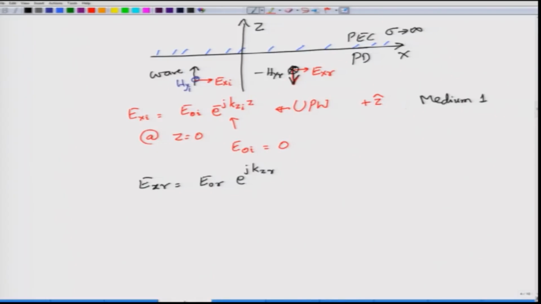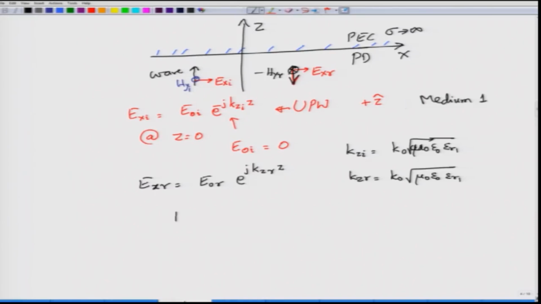So, I have k_zr times z, okay, where k_zi is equal to the free space k_0 times square root of mu_r epsilon_r1, and similarly k_zr will also be equal to k_0 times square root of mu_r epsilon_r1, because these two are actually in the same medium. So, k depends only on the medium properties, not the direction of propagation.